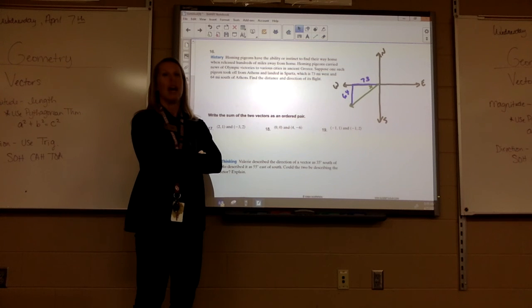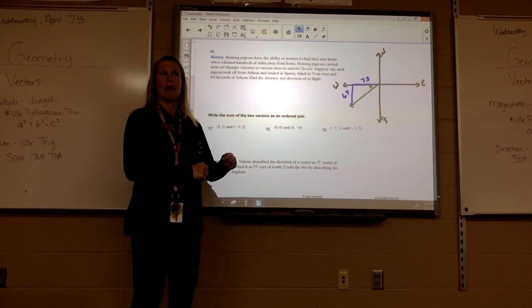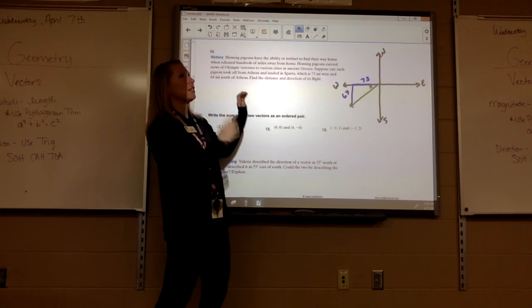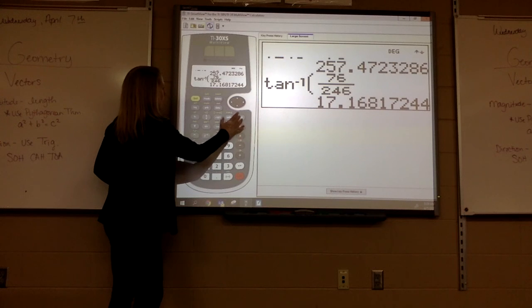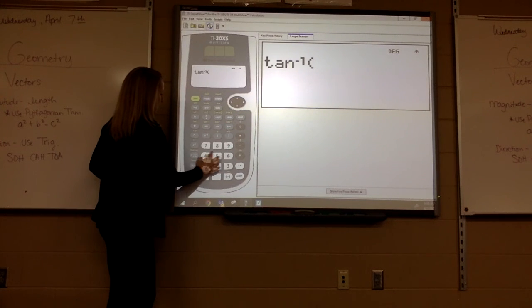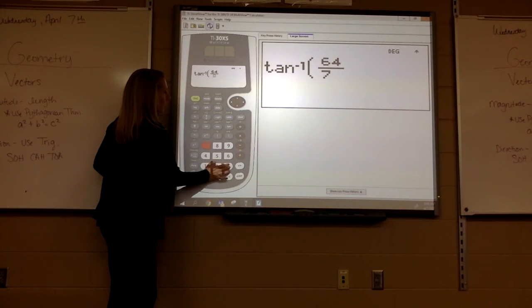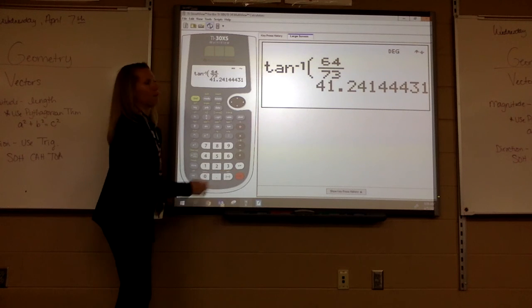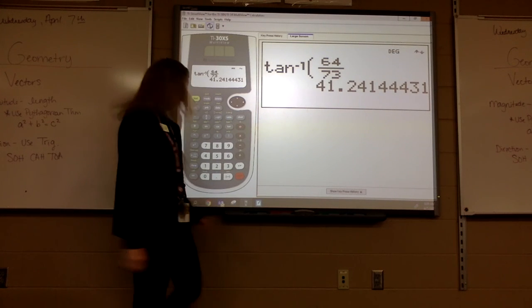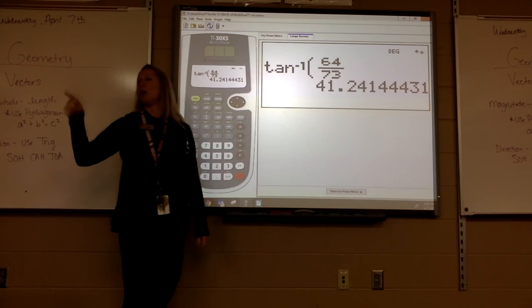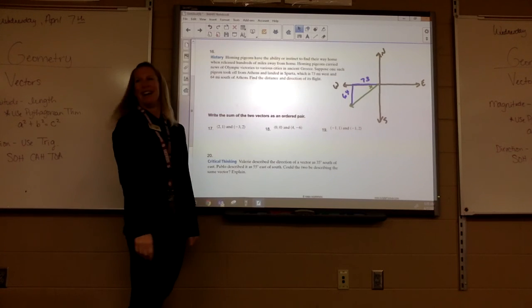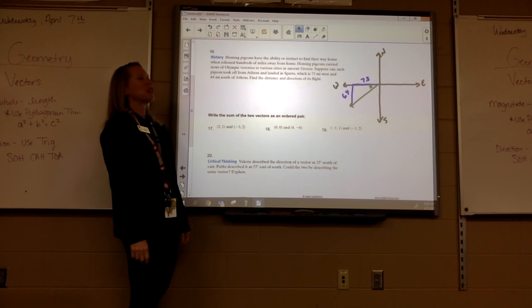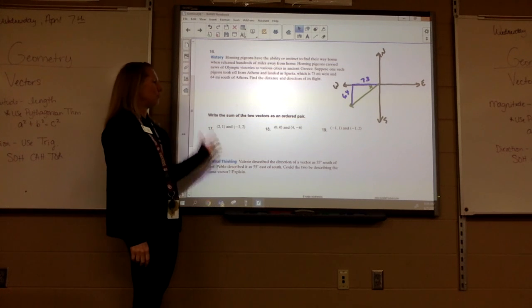South of west. South of west. What'd you get? 41.2. So it would be second tan, what over what? 64 over 73. Yeah. Second tan, 64 over 73. Yeah, 41. I thought it was adjacent over. No, TOA. Okay. 41.2 degrees south of west.